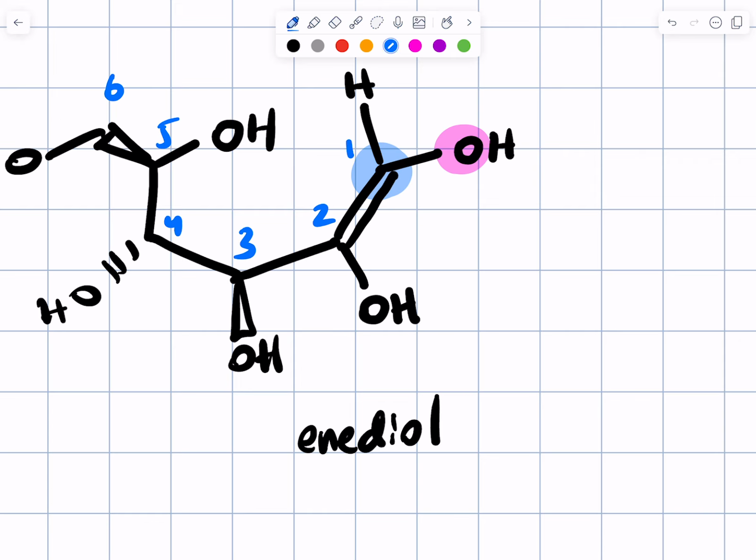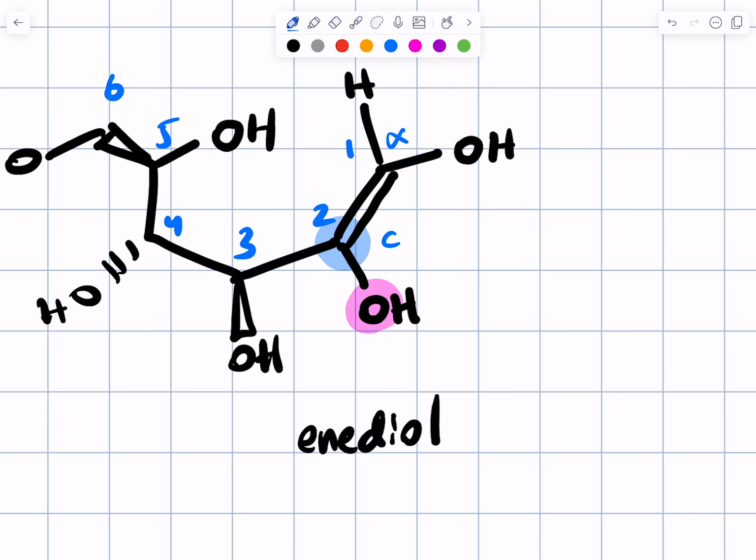So here is the blue carbonyl carbon, and here is the blue alpha carbon. But over here on C2, what if I say, let's have C2 be the carbonyl carbon, and this be the carbonyl oxygen, and then let's have C1 be the alpha carbon. Do you see how that enediol is an enol in 2 directions?